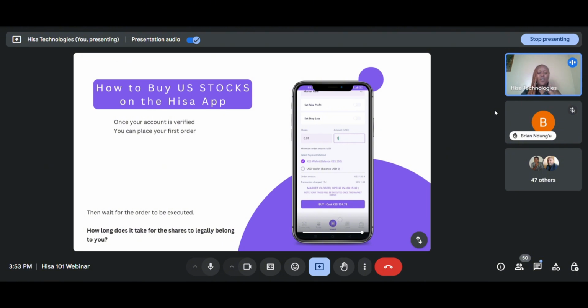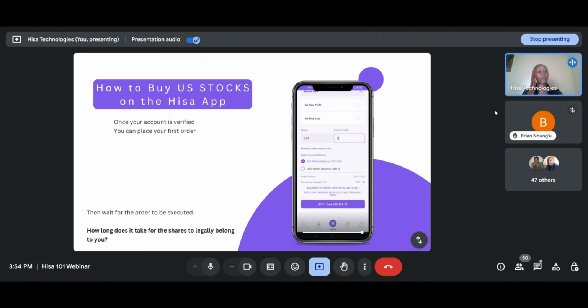If you have more, yeah, the playing field is open to everyone. So there's no excuse for you not to start investing in the US stocks. It is as easy as having your account, having it verified, and starting your investment journey.